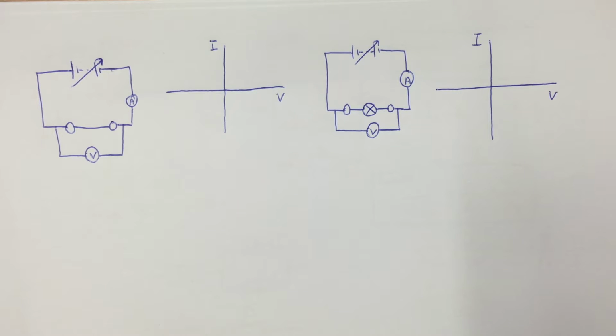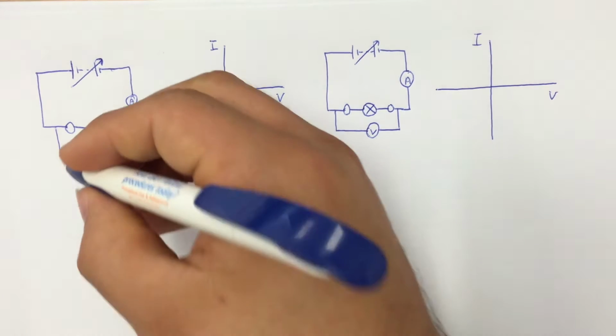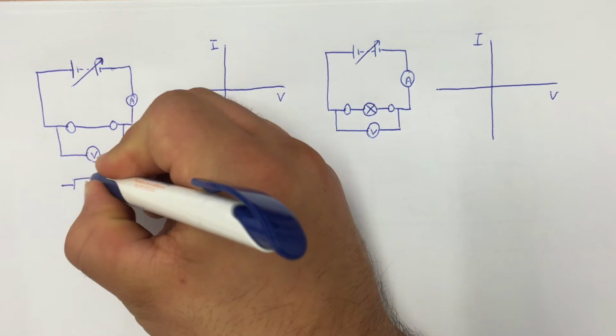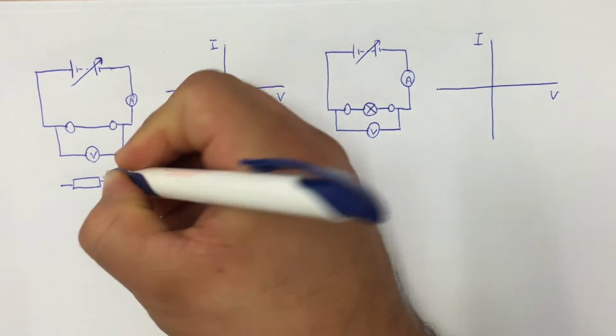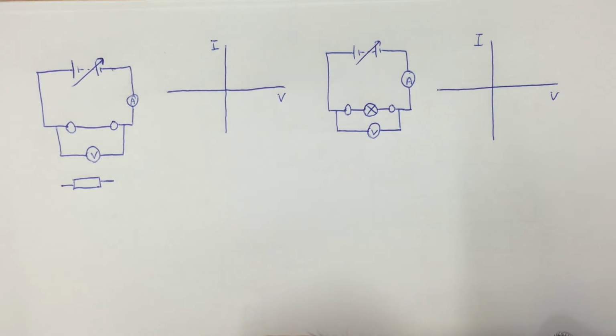So the first component we've already kind of thought about when we looked at Ohm's law, which is what happens to a metallic conductor or a fixed resistor, which would be exactly the same when the current and voltage is increased.